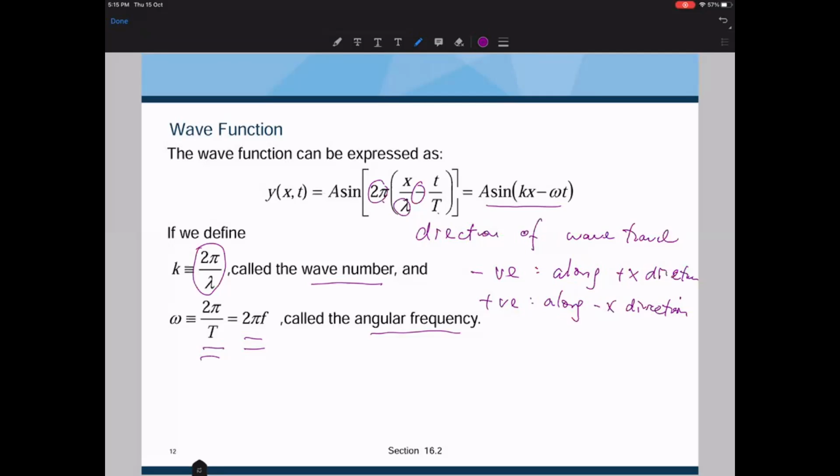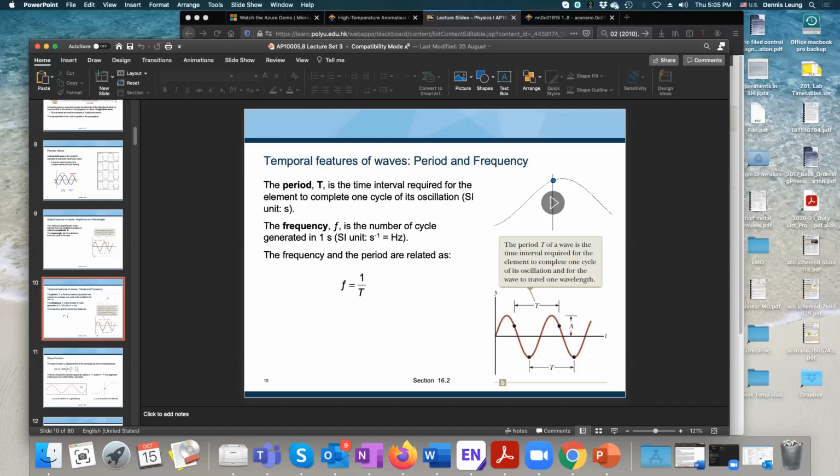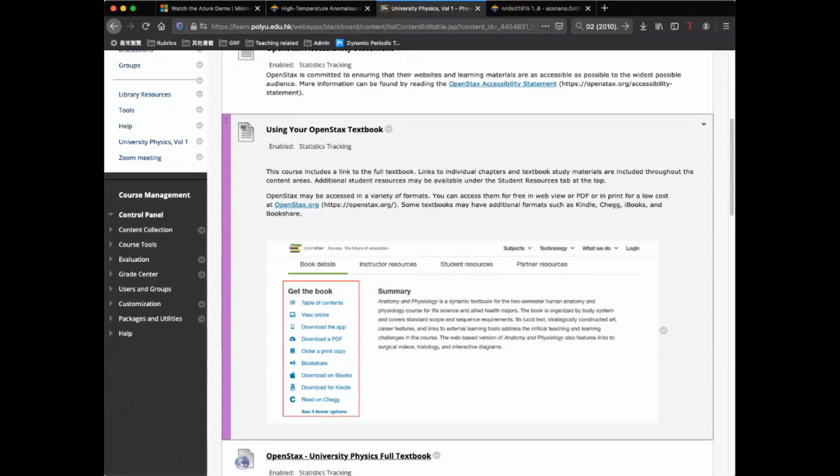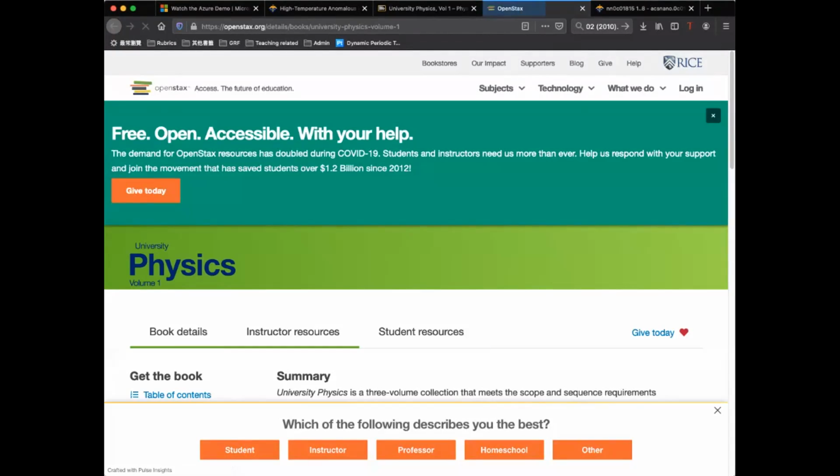When we talk about oscillation motion, in many of the textbooks you will see something called a phasor diagram. If you go to, for example, the university physics textbook, let me try to show it.